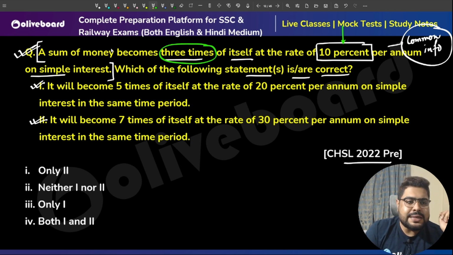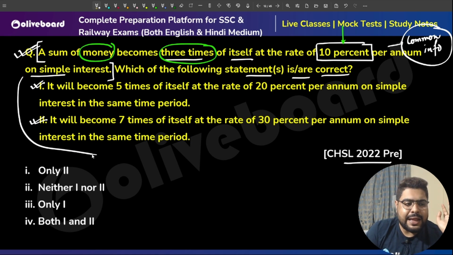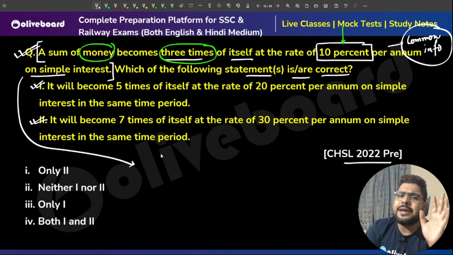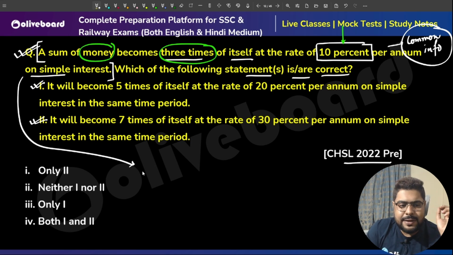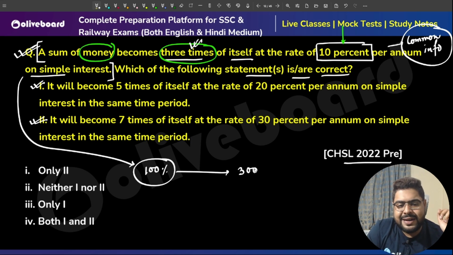How? A sum of money becoming 3 times: we understood this very well in the last part. Principal is the base, so percentage-wise, that will always be 100%. Now it is becoming 3 times, meaning 100% is becoming 300%.